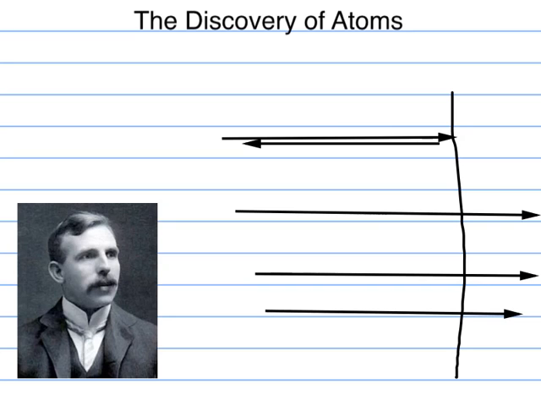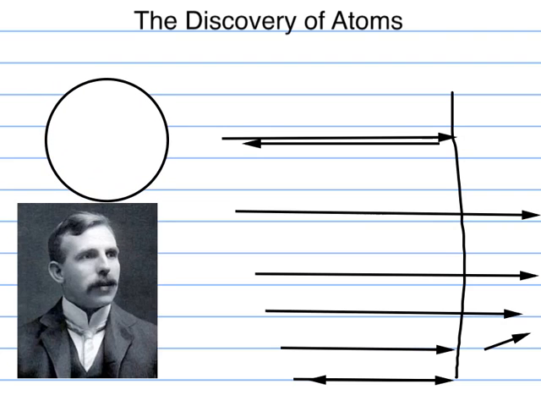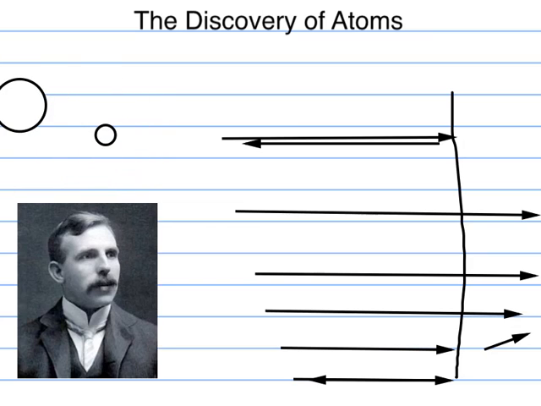Some of them deflected, and only a very small number actually came back. And this is where he came out with the idea that there was a very small nucleus and the majority of the atom was empty space.